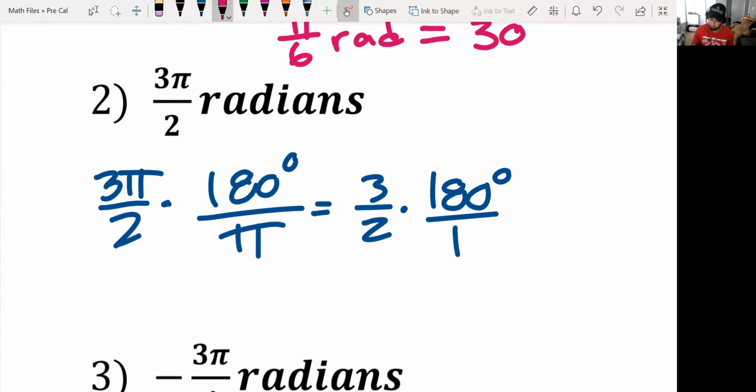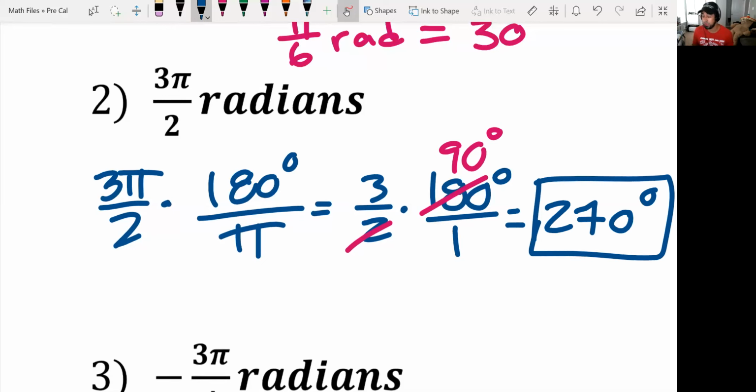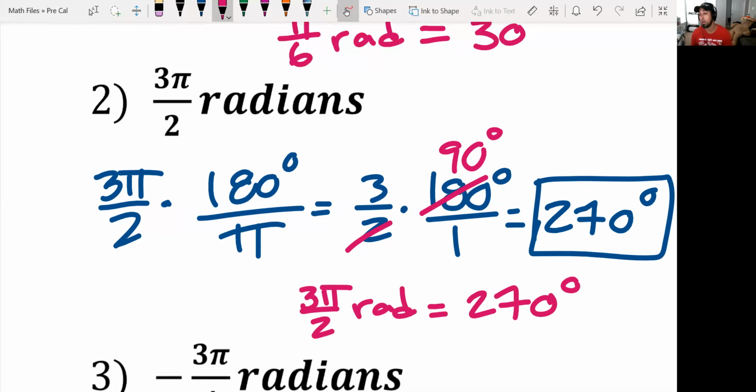And we know that 2 goes into 180 90 times, and 3 times 90, we get 270 degrees. So make the connection. 3 pi over 2 radians is the same as 270 degrees.